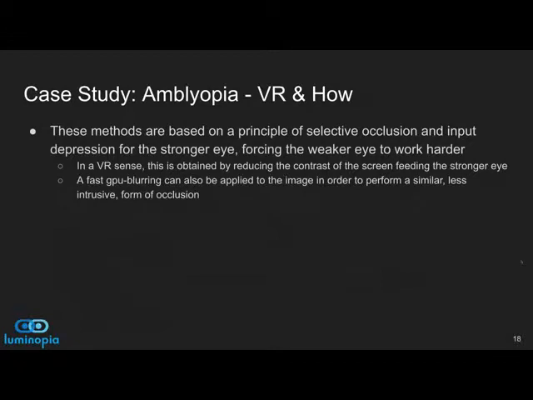In a virtual reality development sense, this is obtained by either reducing the contrast of the screen providing input to the stronger eye, or you can do a less intrusive method that is a little bit more GPU intensive that does selective blurring to the stronger eye's image, requiring you to use input from the weaker eye in order to see what's actually there.